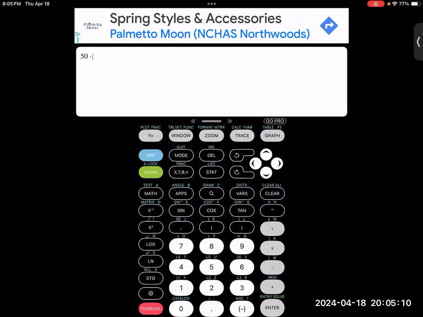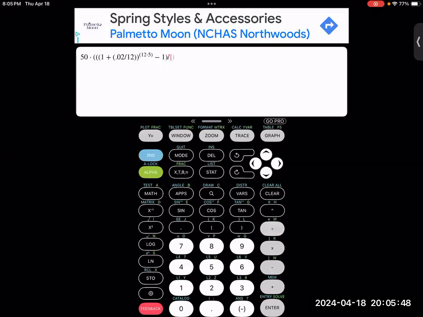So I'm going to do my 50 times, and we're going to open up 3 parentheses to start, 1 plus, and then my division with my rate and my monthly compounding period. Now I've closed that division, and then I closed the addition of 1. I'm going to raise it to the power of 12 times 5. You could also do it as 60, and then come down to subtract 1. Close that parentheses, and this application is really nice because it's showing you how many are open.